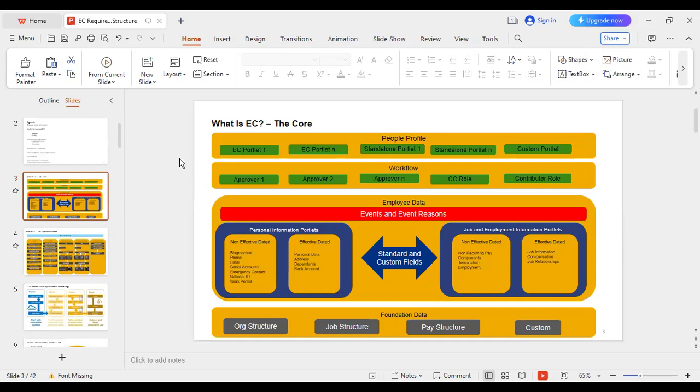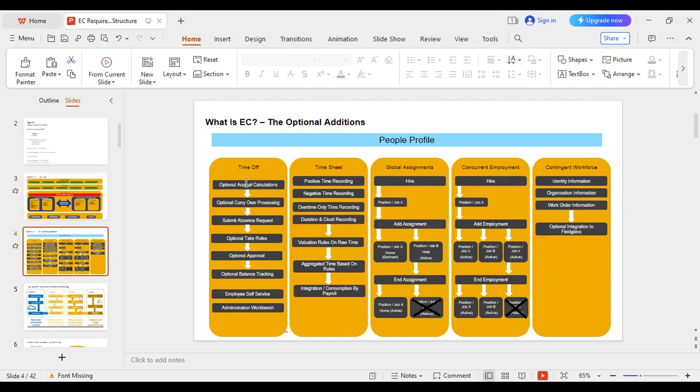So EC core: the foundation data will be employee data, the workflows and the people profile, which I've explained from the demos also, from the instance, how the system looks like, the UI interface. Also timesheet, global assignment, concurrent employment, and the contingent workforce that we discussed yesterday.